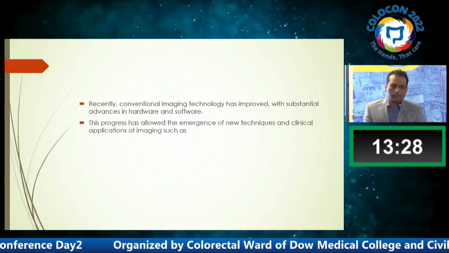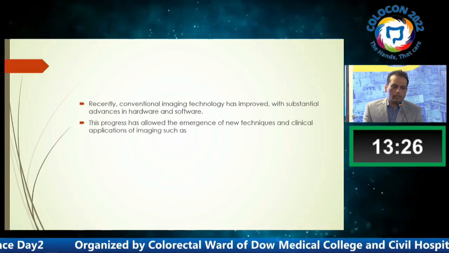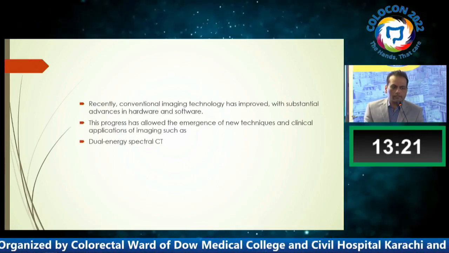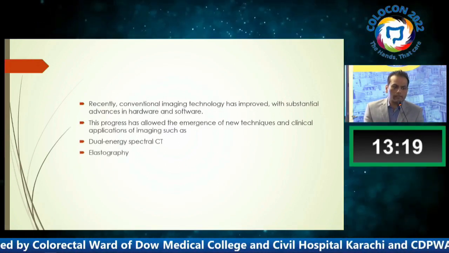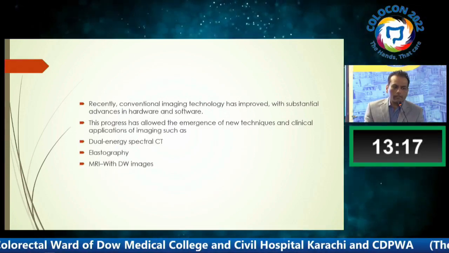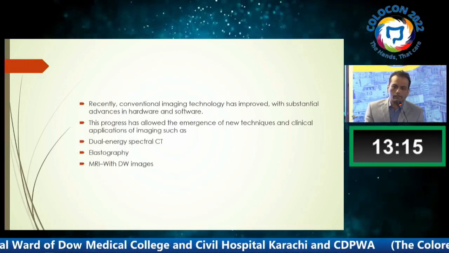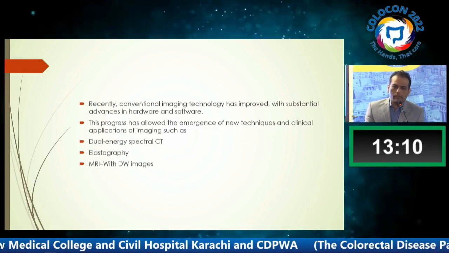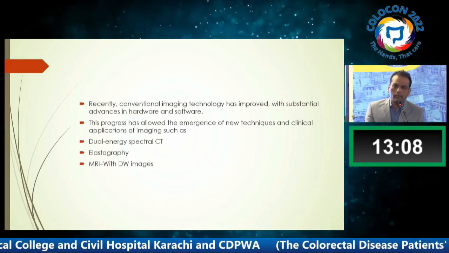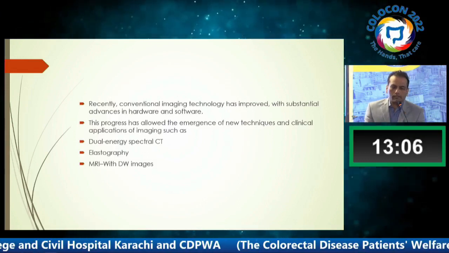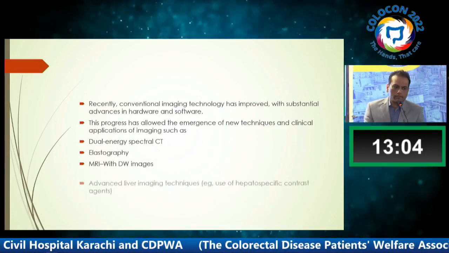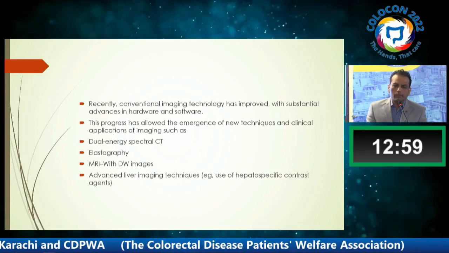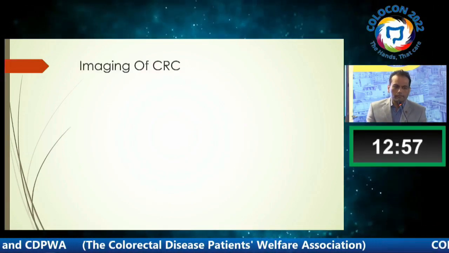Recently, conventional imaging has improved with the advance in hardware and software, such as invention of dual energy spectral CT, elastography, MRI with DWI images, which are very helpful especially in post-chemoradiation therapy in differentiating between residual tumor and post-radiation changes, and advanced liver imaging with use of hepatospecific contrast agents.